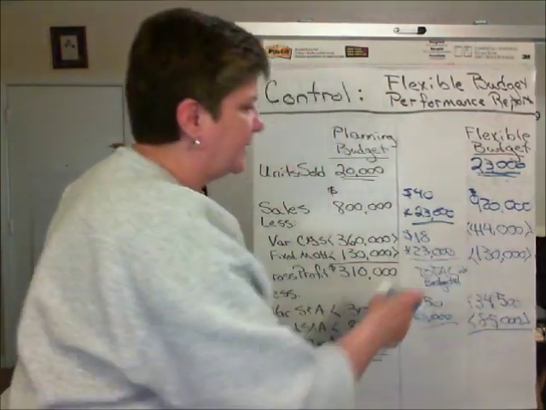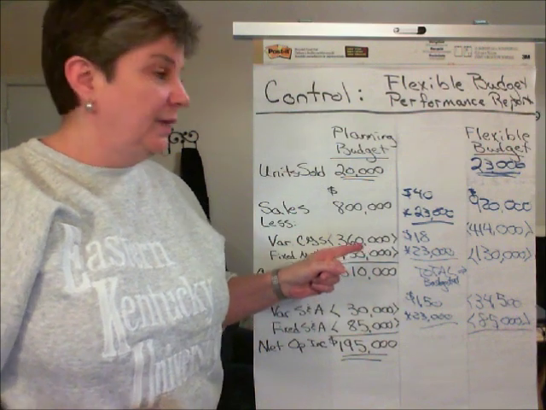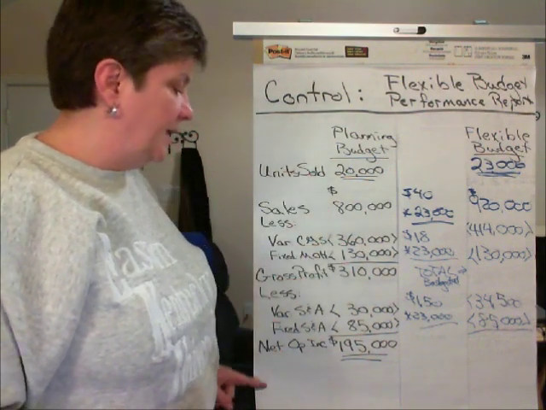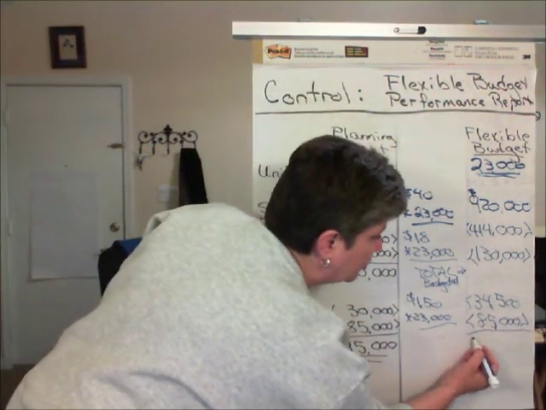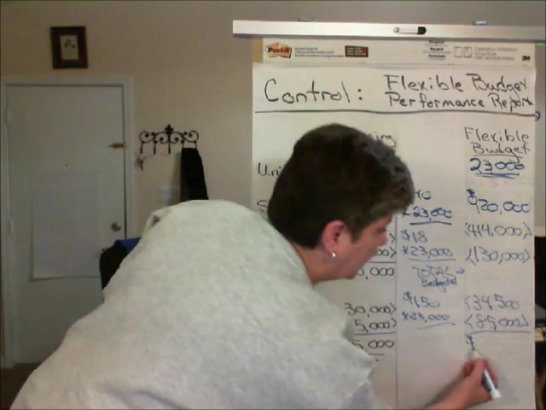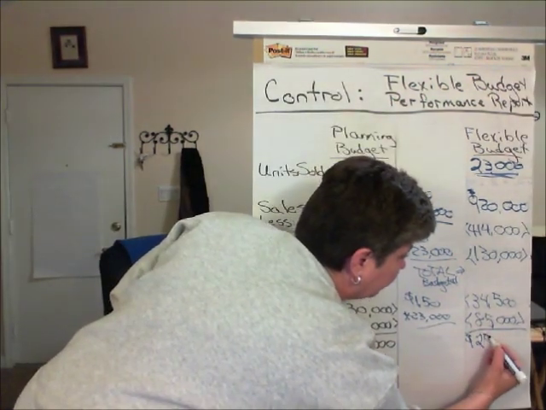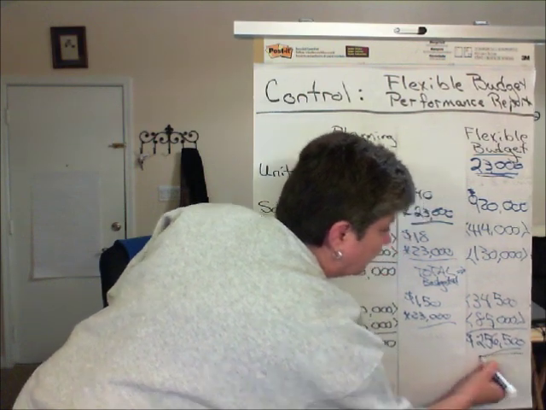So when we subtract out all of our costs, according to the flexible budget, we should have had net operating income in the amount of $256,500. Okay.